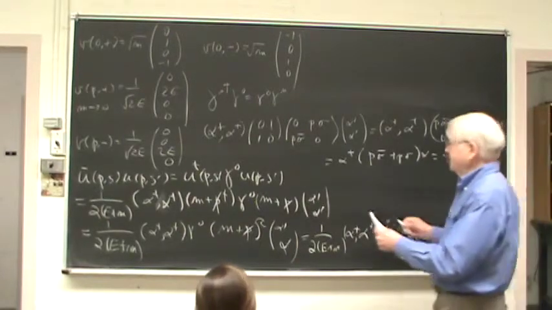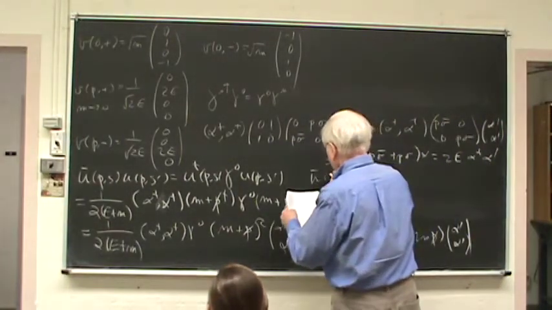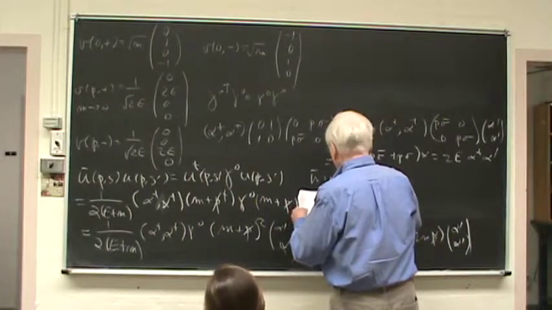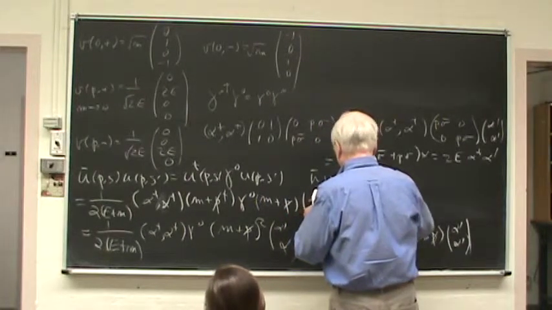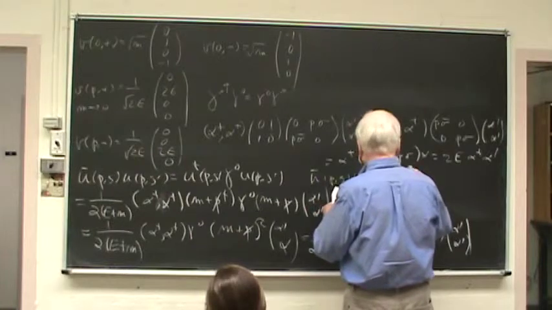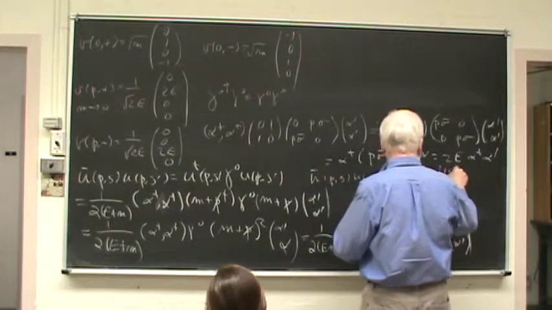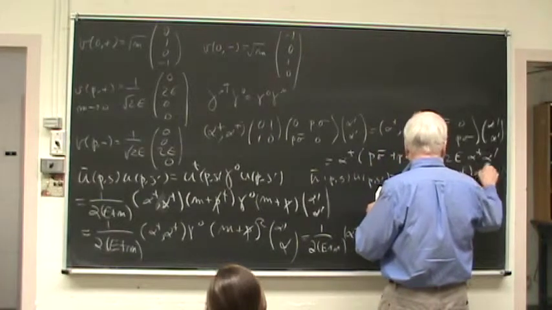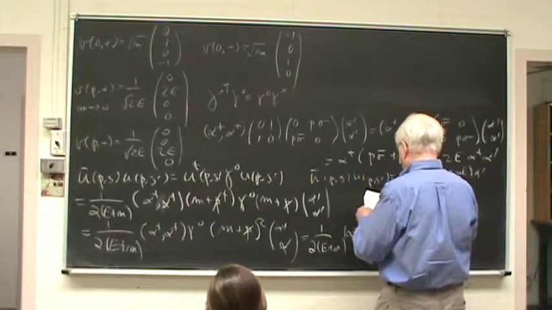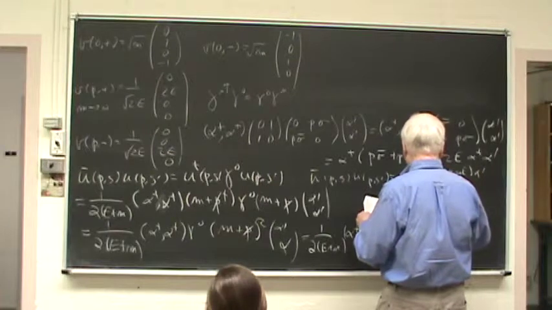And so what we get then is that u bar of p and s, u of p and s prime, is alpha dagger 4m squared plus 4me alpha prime over 2e plus m.